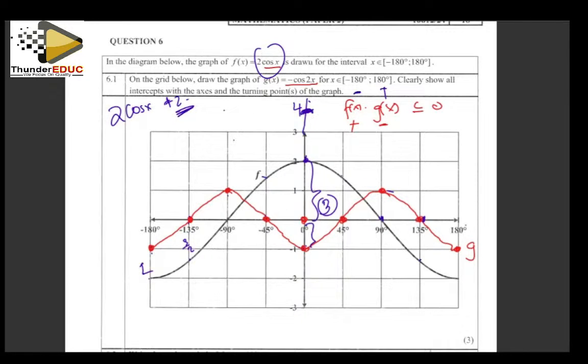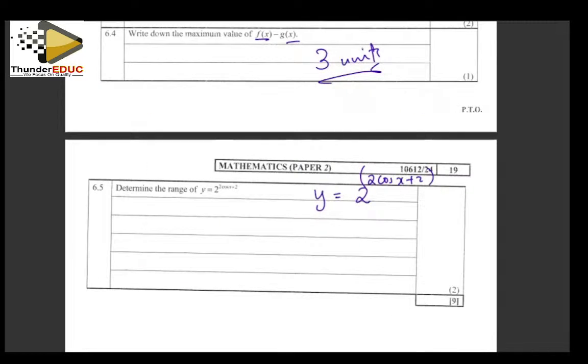And then this is going to be negative 2 plus 2, which is going to be 0. So we can say that the range of 2 cos x plus 2 is basically 0 less or equal to y less or equal to 4. That is the top part.